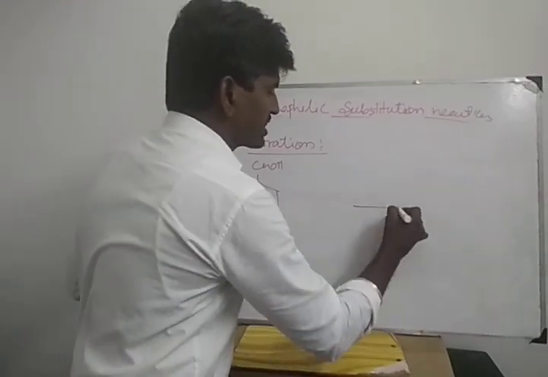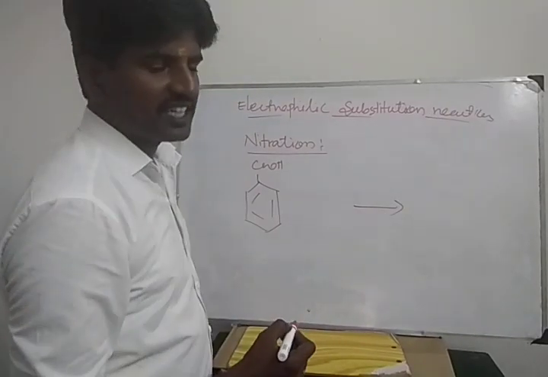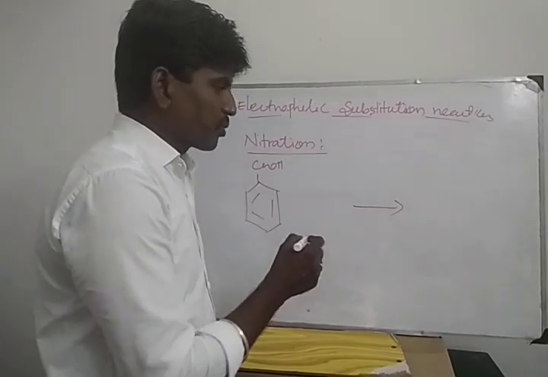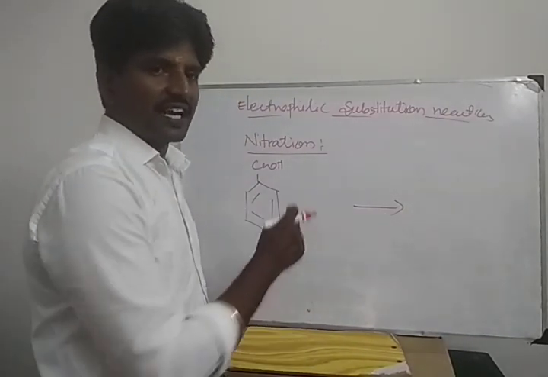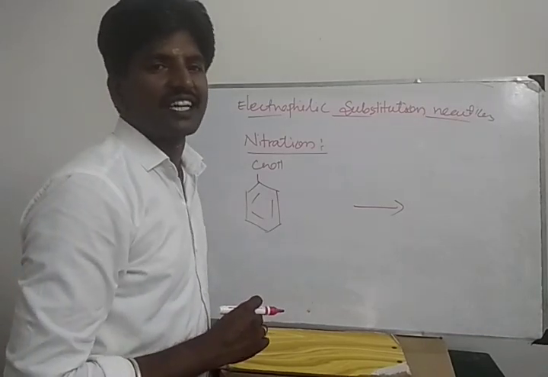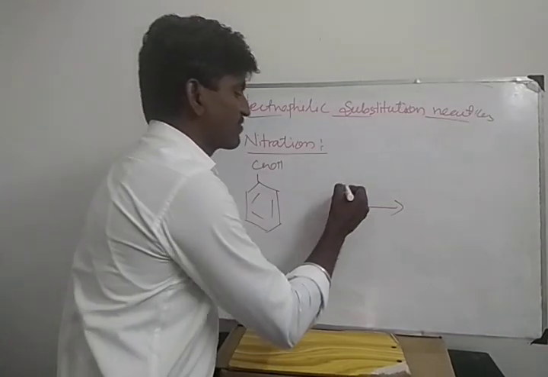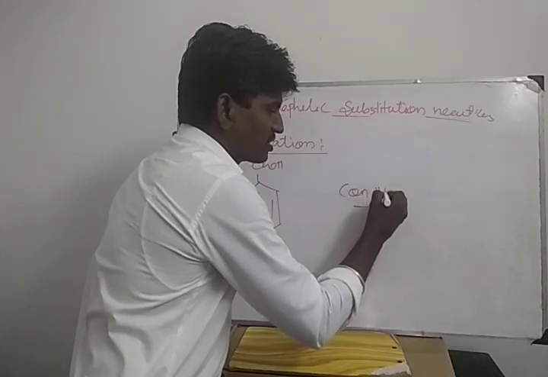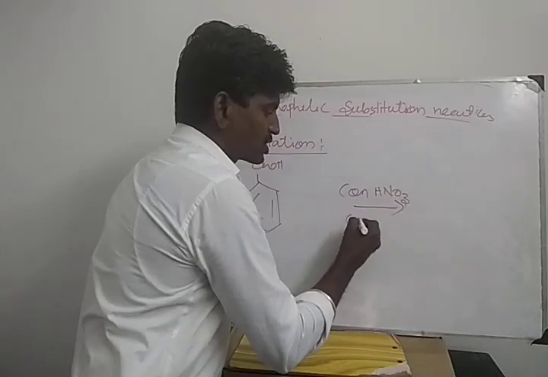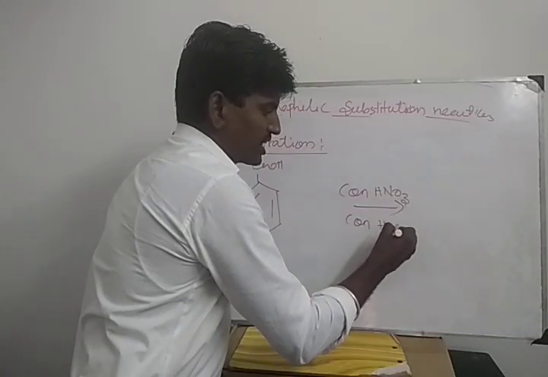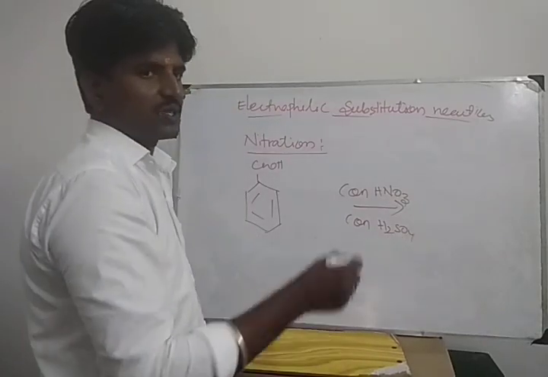If you want to do nitration, we have to add some nitrating reagent. So here I am going to add the nitrating reagent. The nitrating reagent is a mixture of concentrated nitric acid and concentrated sulfuric acid, conc HNO3 and conc H2SO4. Already you know this reaction very well because I taught it many times.